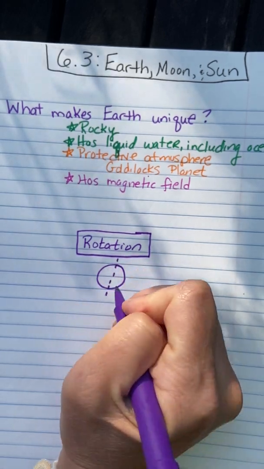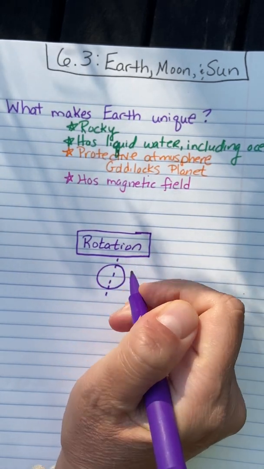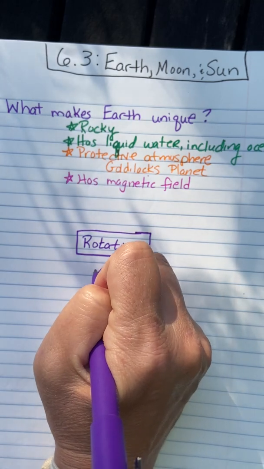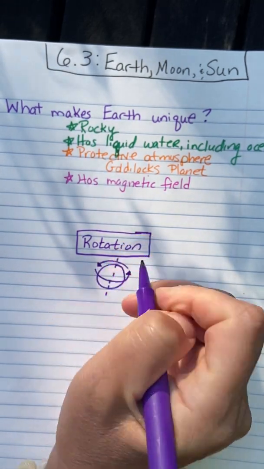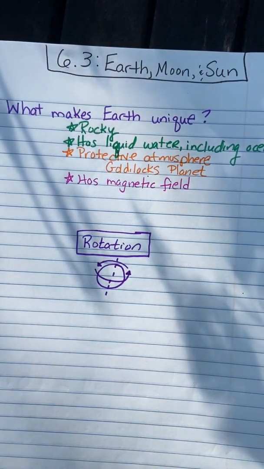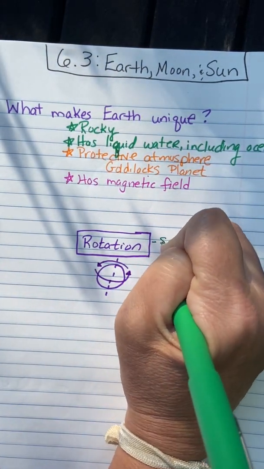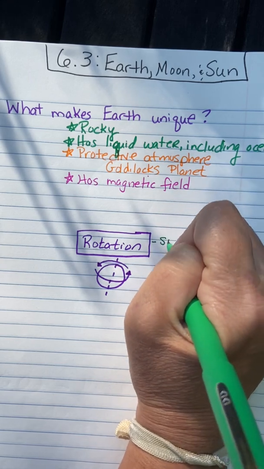This is our axis that goes right through the center of the Earth that we rotate around. So that's what rotation is. It's that movement or spinning motion of a planet on its axis.